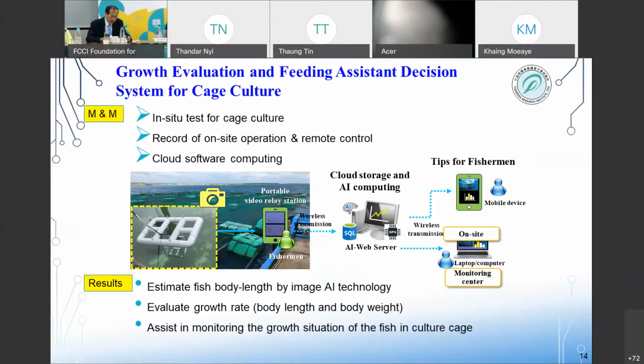These systems can estimate fish body length by image AI technology, and also can evaluate growth rate, including the body length and the body weight. And also, this system assists in monitoring the growth situation of the fish in cage culture.